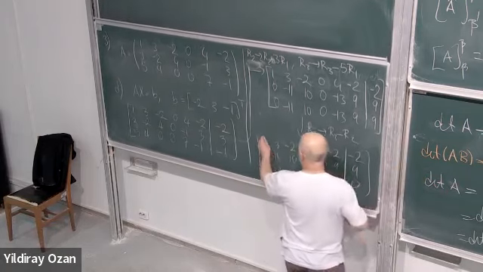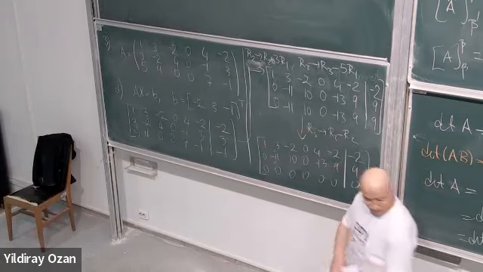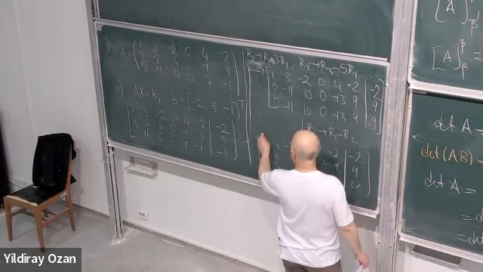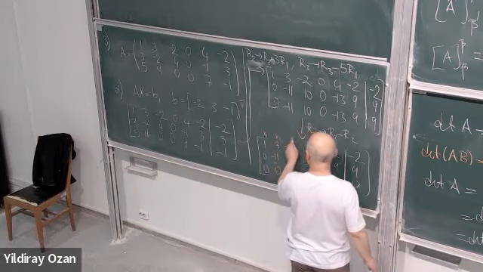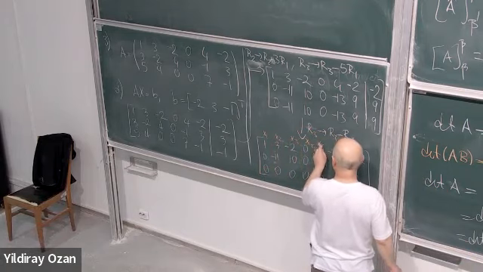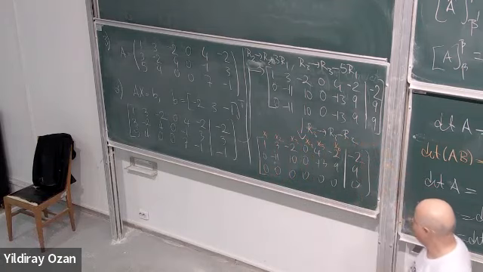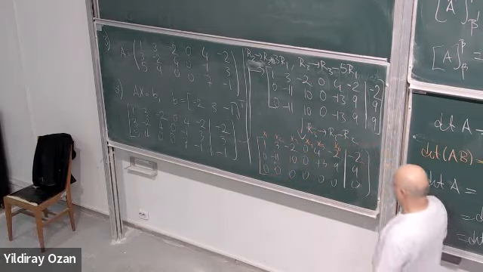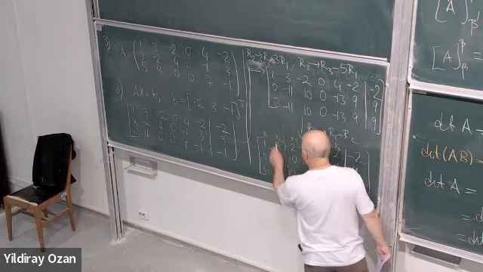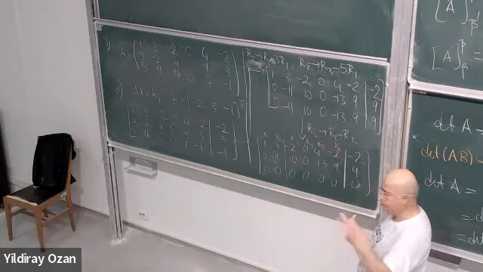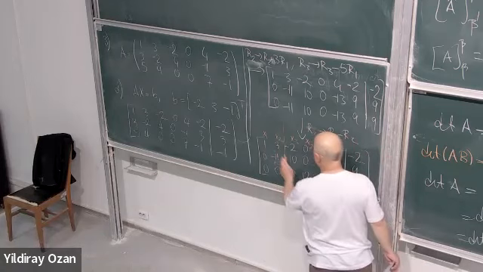If these are my variables, let's say, this is my variable x1, x2, x3, x4, x5, and x6, right? 6 variables. These are the dependent variables, right? Because it has rank 2, these are the dependent variables.